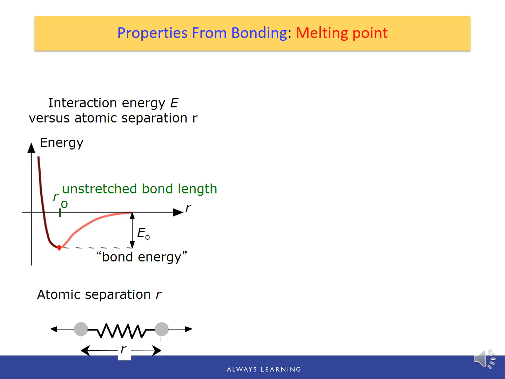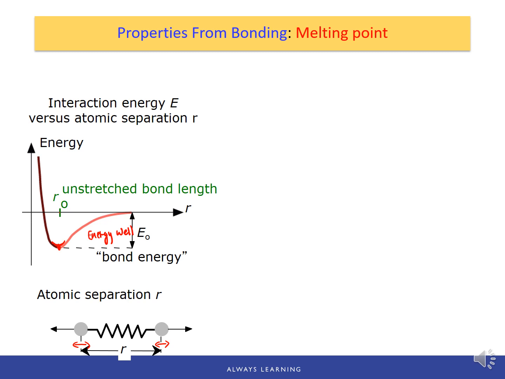Now when we raise the temperature a little bit, the atoms start vibrating at their positions. You can imagine those atoms are like balls rocking at the bottom of this well. Sometimes we refer to this part as the energy well.